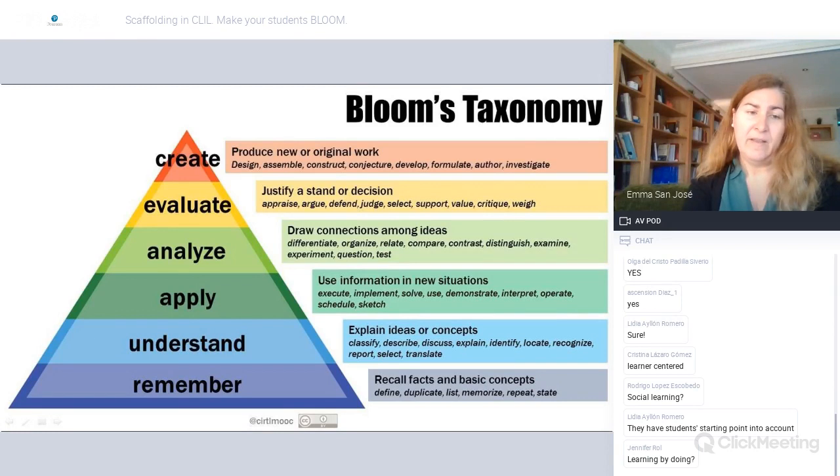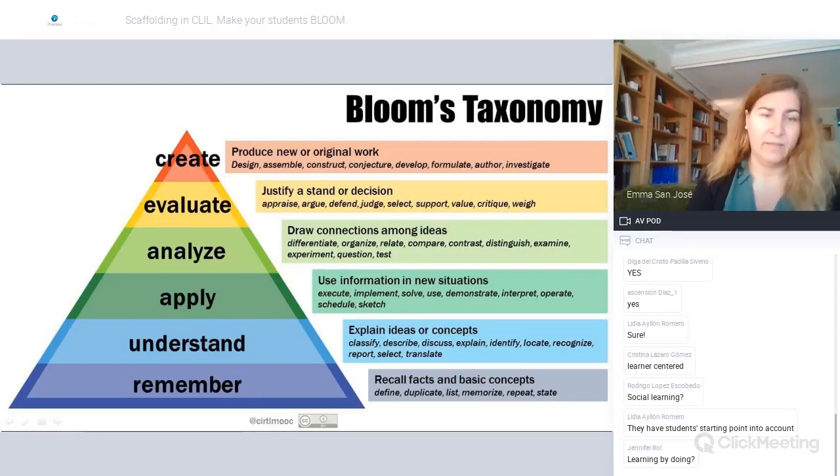We can see how in the lowest, like the base of the pyramid is remember, because teachers, typical situation, you've got a student who goes to the book, goes through your notes, learns them by heart, repeats them literally in an exam, and you know that he doesn't know anything. He knows that he doesn't know anything, but everything's there because he's memorized it. So to remember something, to memorize something, you don't have to understand it.